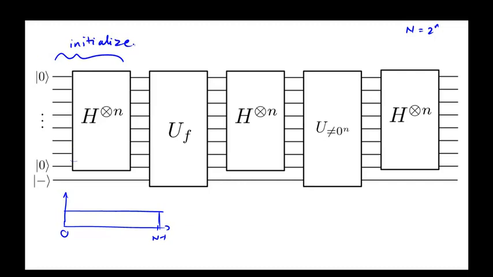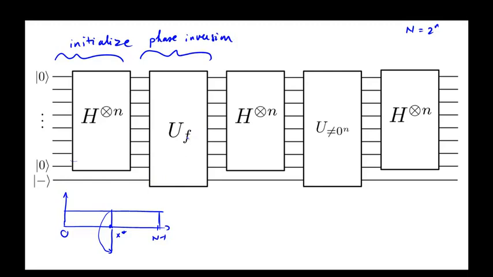Then we want to do a phase reflection. So if this was x star, we want to take this and reflect it. Okay, so how do you do a phase reflection? Remember, this is what does the phase inversion. We feed in a minus in the answer bit and we compute u sub f, our quantum circuit for computing f.